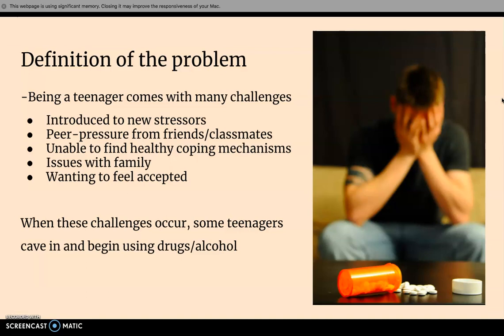You want to do what everyone else is doing, or have that extra peer pressure to try drugs and alcohol. And when all of these challenges occur, some teenagers do cave in and begin using drugs and alcohol.